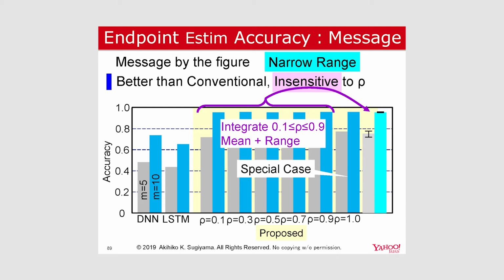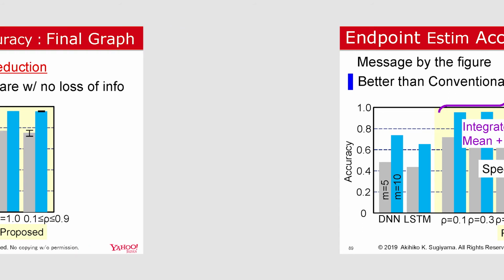So you can show the distribution or the variance in a single bar chart. This is an average bar. This is also an average bar with the distribution. So these are the ranges. You can still show that the ranges are narrow and insensitive to the selection of rho. This is a special case, so it's eliminated here.